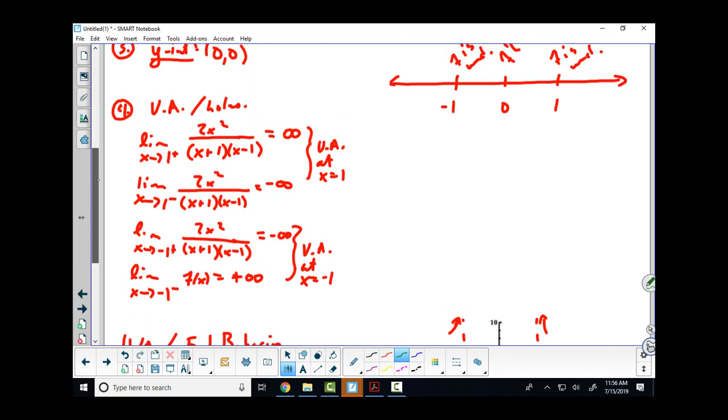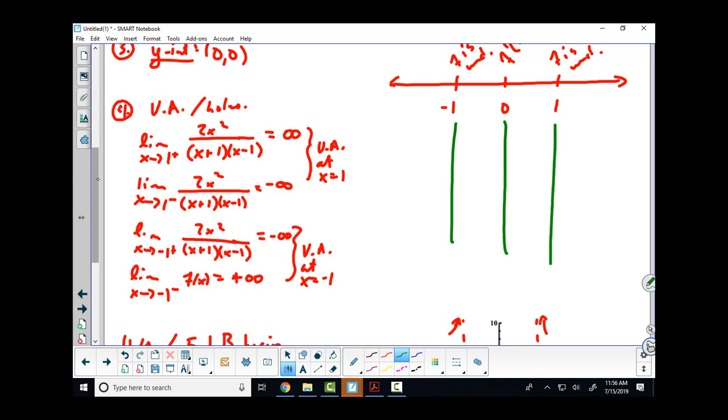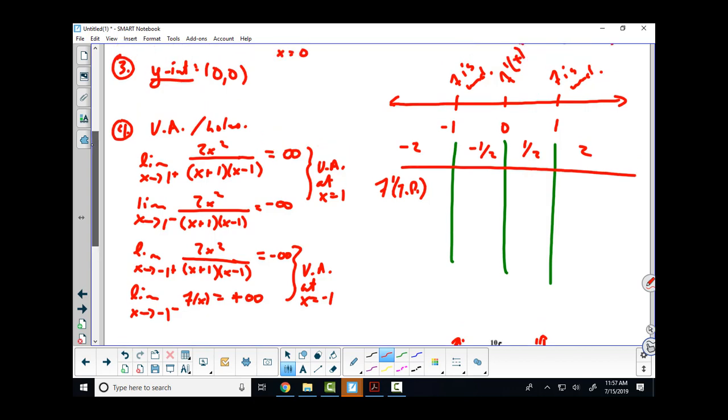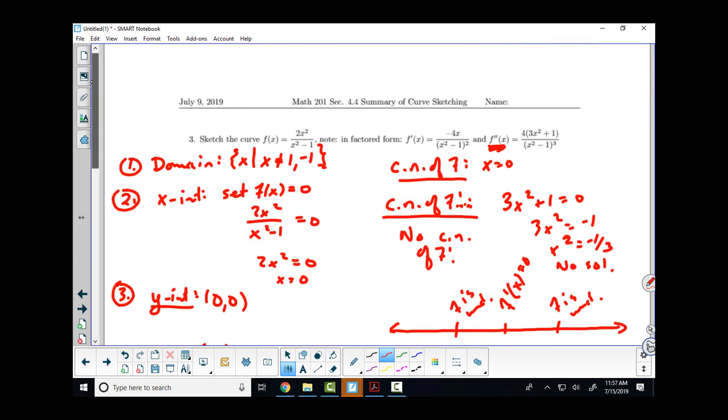All right, folks. So now I'm going to go ahead and make my pens. And as Journey said, we're now going to pick our test points. So how about -2, -0.5, 0.5, and 2. Then we're going to look at f prime of the test points. We've got this first derivative already in factored form.